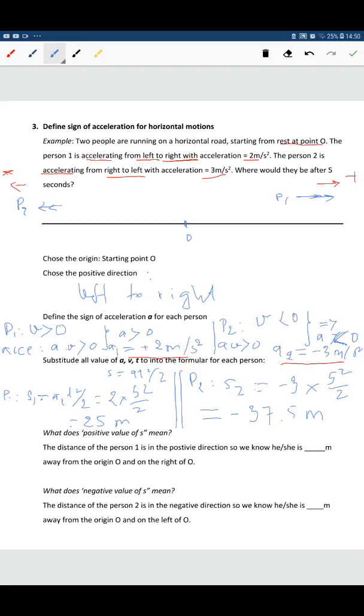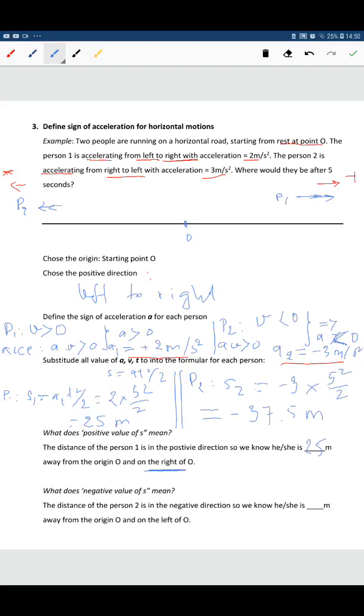We see that we have s values that are negative and positive. What does positive s mean? It means person 1 is in the positive direction, so he is on the right of the origin O, 25 meters away.